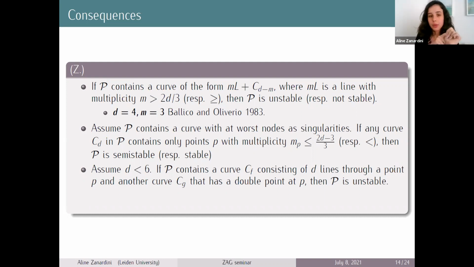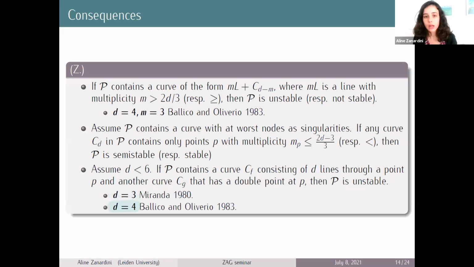And again, when D equals 4, this recovers a result by Balico and Oliverio, and when D equals 3, this recovers a result by Miranda from 1980.